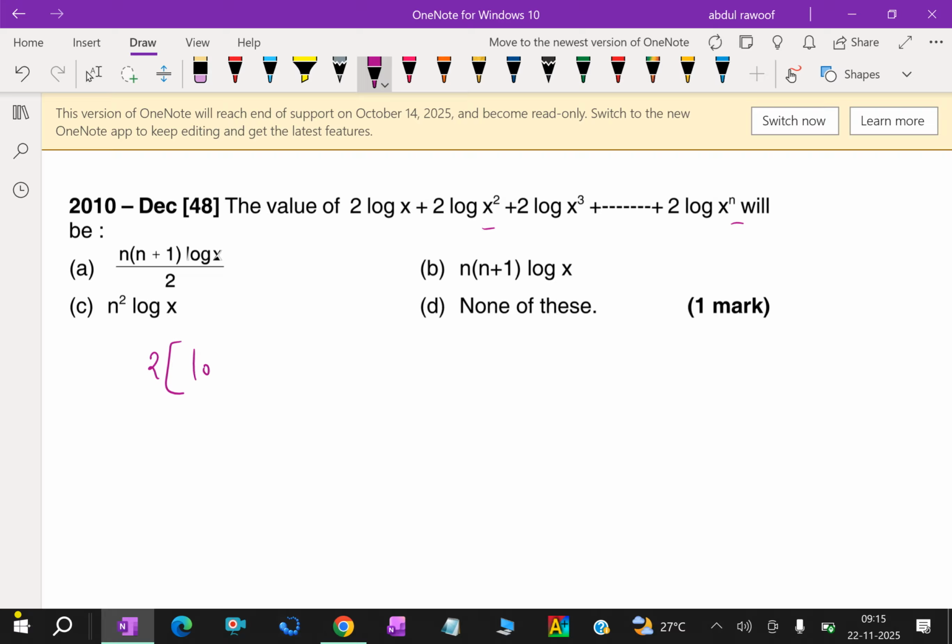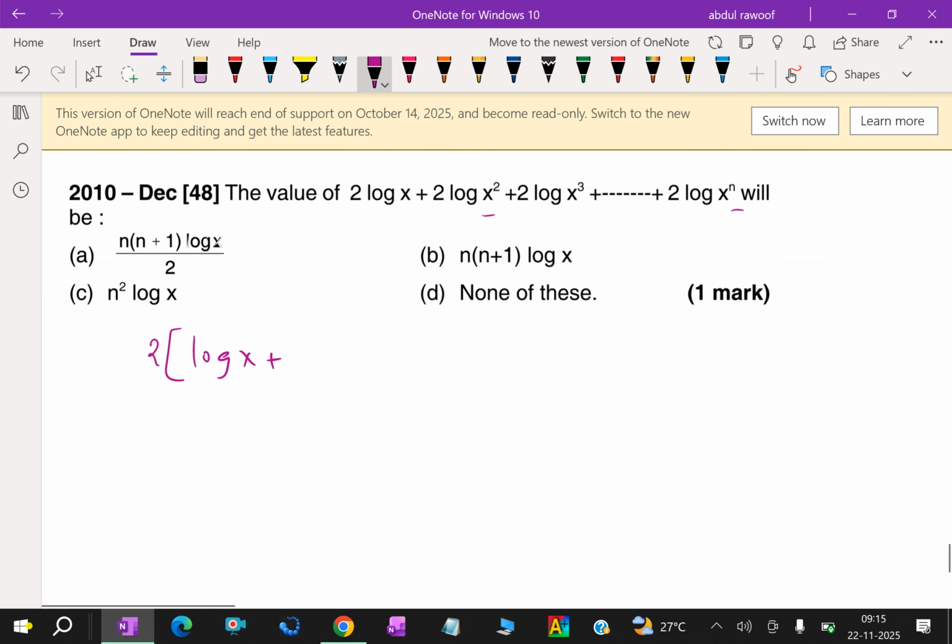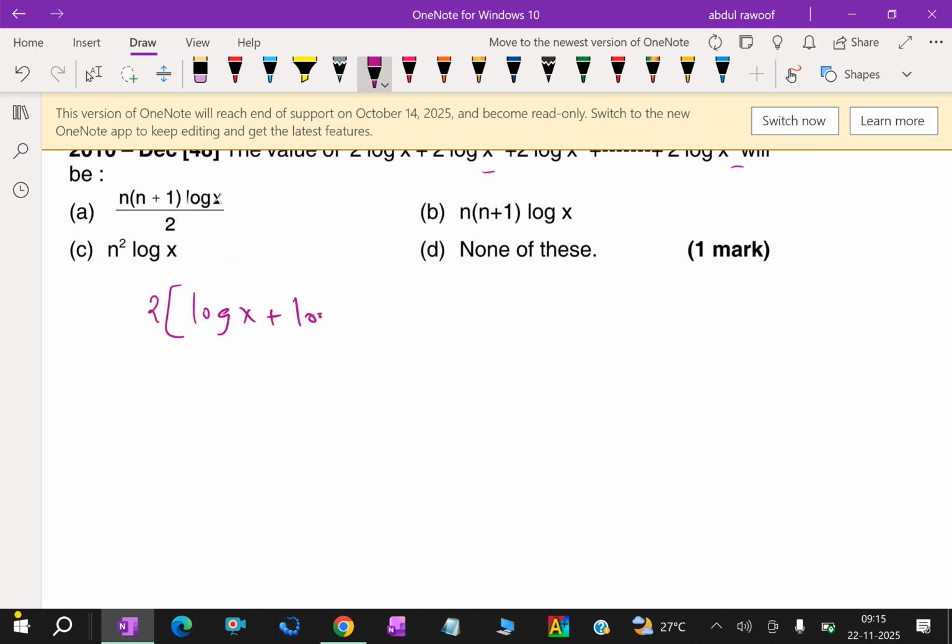Here log x plus log x squared plus log x cubed plus log x power n.